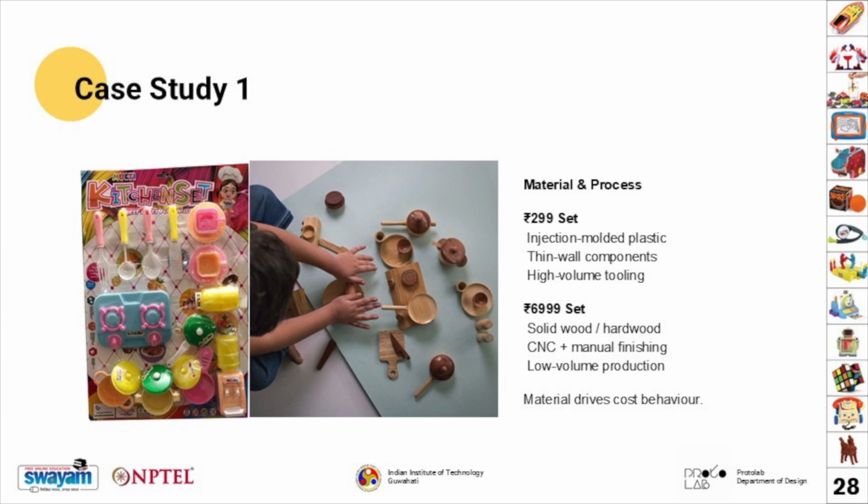Manual sanding and finishing increases labor time per unit. Unlike plastic, wood cannot be molded instantly into multiple shapes at scale. Production rate is slower, which increases overhead allocation per unit. Material and process already create radically different cost structures.